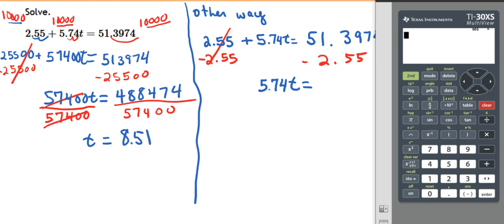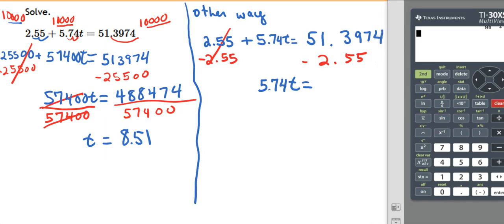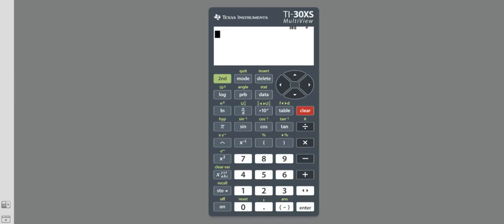Okay, and so, oh, I got it on top of part of it. Okay, so I have 51.3974 minus 2.55.